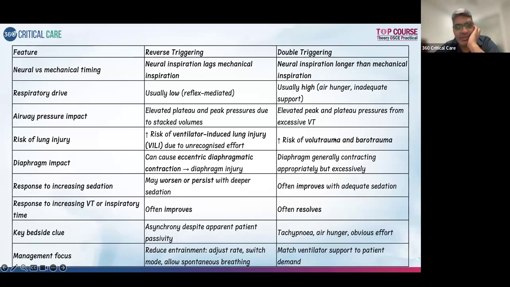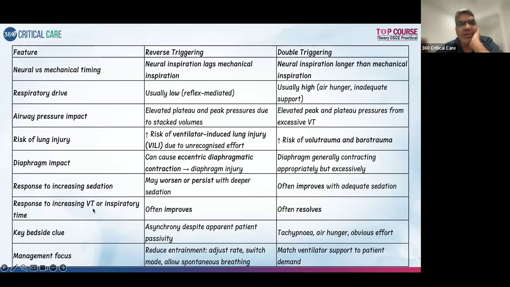There will be excessive functioning of the diaphragm. What happens if you increase the sedation? In reverse triggering, it may worsen or persist because it is a reflex mechanism. In case of double triggering, it often helps in alleviating the issue. So you can get rid of double triggering if you sedate the patient more.